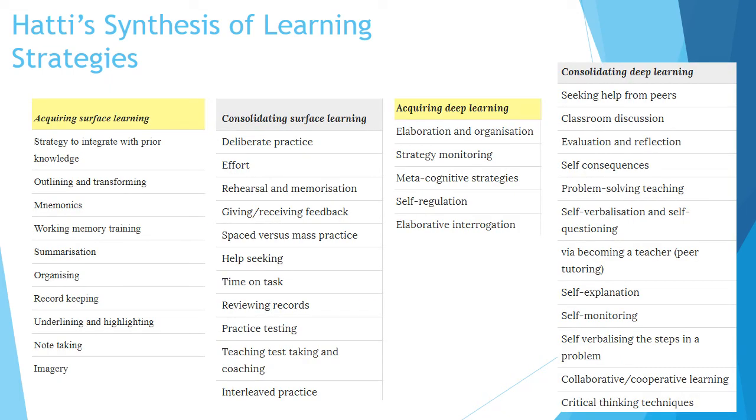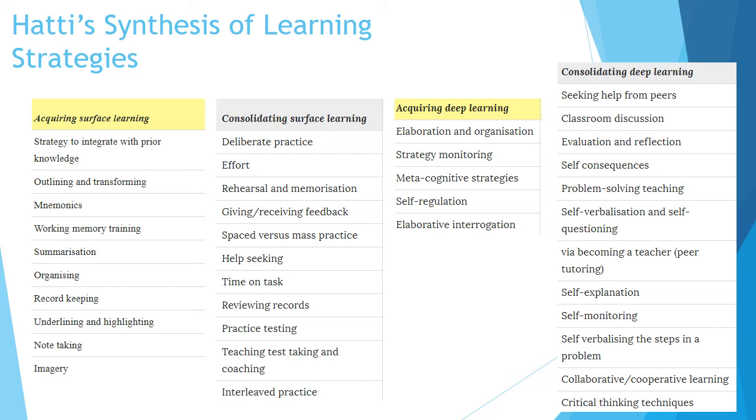Now comes the part where you're actually having students go into the learning, and it's very interesting because it suggests alternating between acquiring and consolidating. And not only that, you're acquiring surface learning, which is the breadth first, and then consolidating the breadth-first learning.